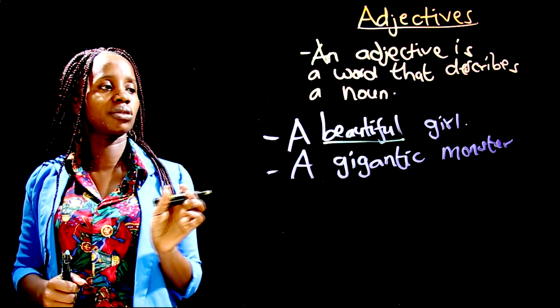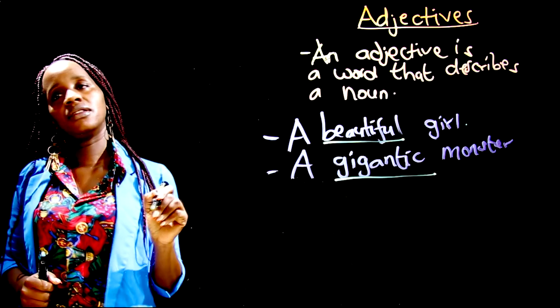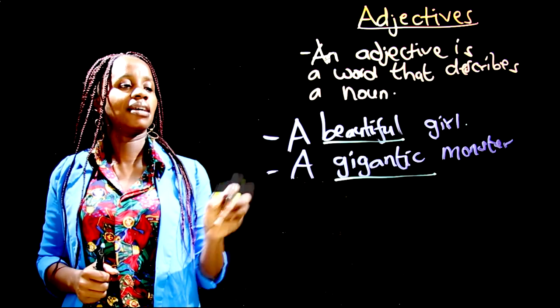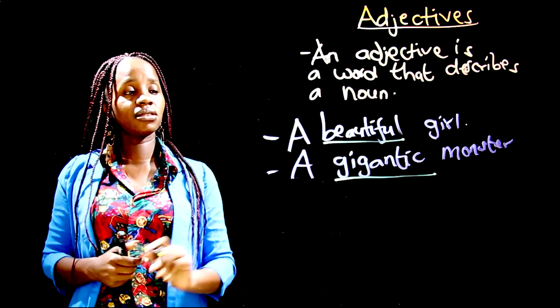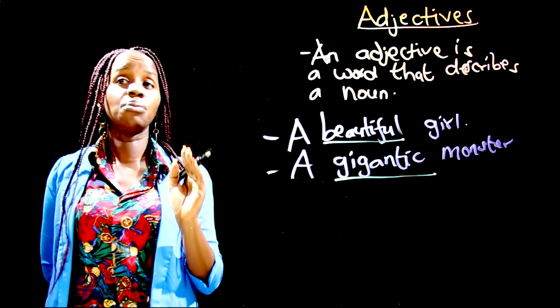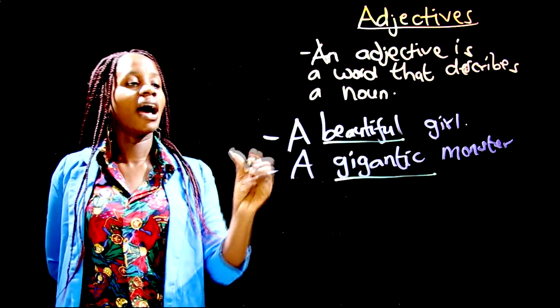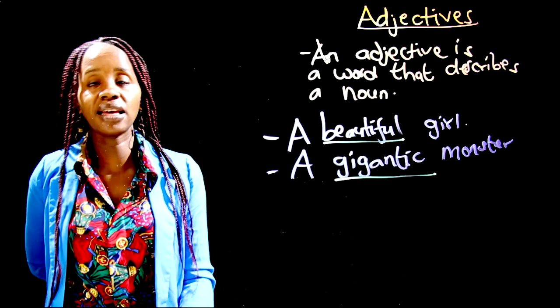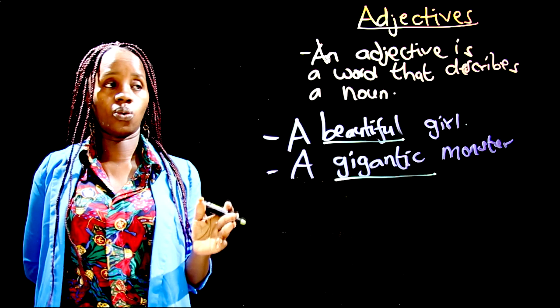Very good, the word gigantic. So if you notice this, the adjective comes right before the noun. This is the most common sentence structure that we know.